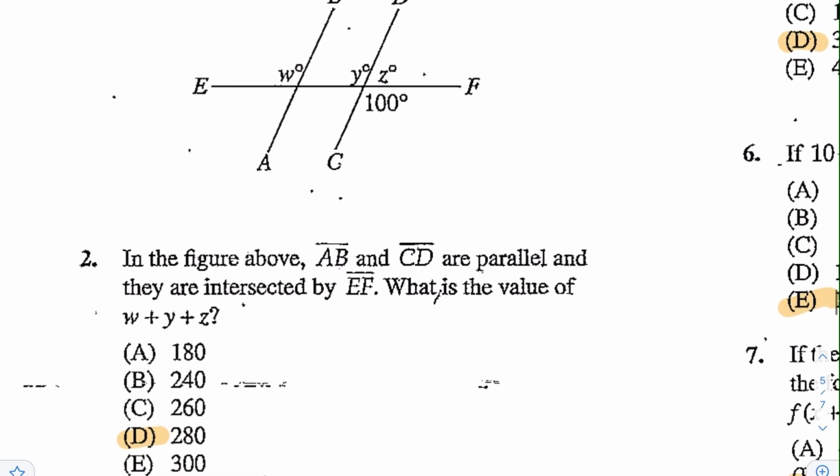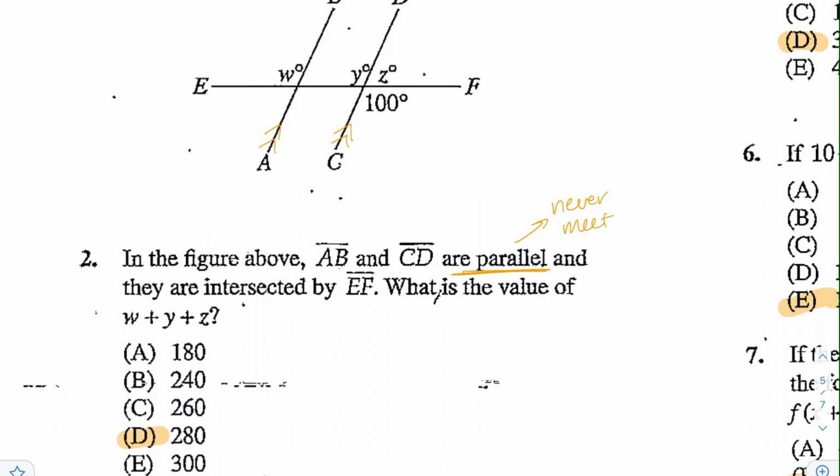Next, for number 2, in the figure above, lines AB and CD are parallel, and they are intersected by EF. What's the value of W plus Y plus Z? When you have parallel lines, that means they never meet. And because they never intersect, you can mark them up this way. You also have what are called corresponding angles.